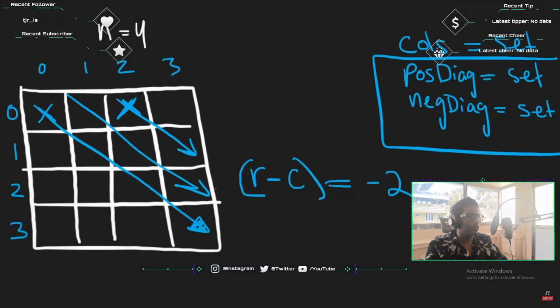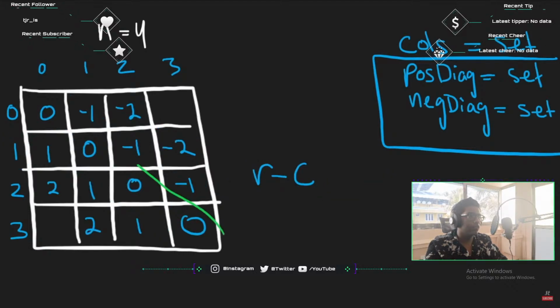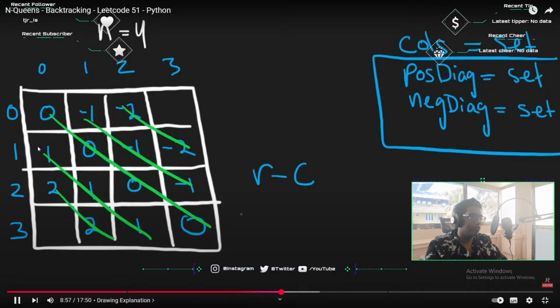Along this one, the diagonal is going to be the negative 1 diagonal. The negative diagonal along this path is going to be positive 1 because we see 1 minus 0 is positive 1. So I just drew out a few of the diagonals. If you want to visualize it, you can see this diagonal is constant, this diagonal is constant, this diagonal is constant, etc., right? So that's how we're going to be doing negative diagonals.